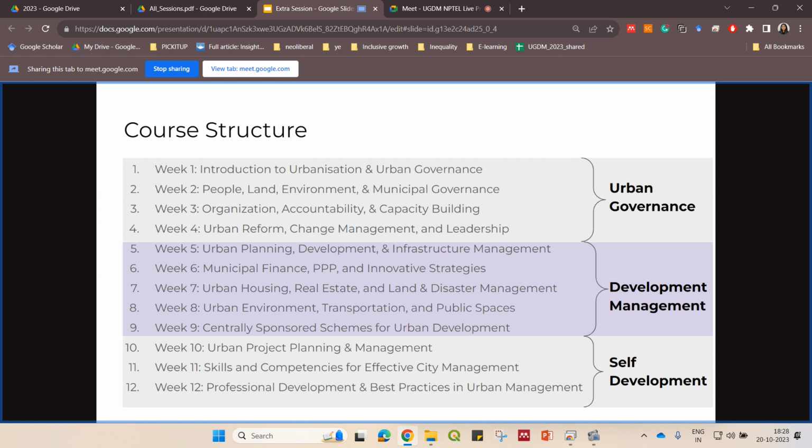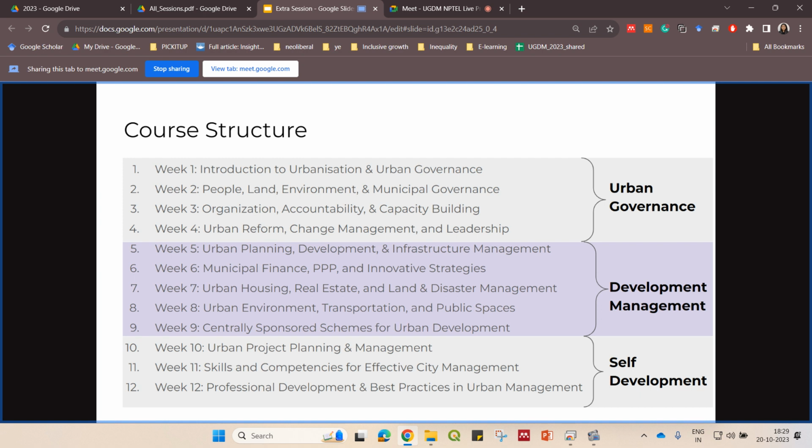Next would be resolving conflicts for managing change. So related to managing change, if there are any conflicts, how the conflicts should be resolved, how they are resolved, what are the processes in urban governance systems related to that. Last would be leadership and team building.